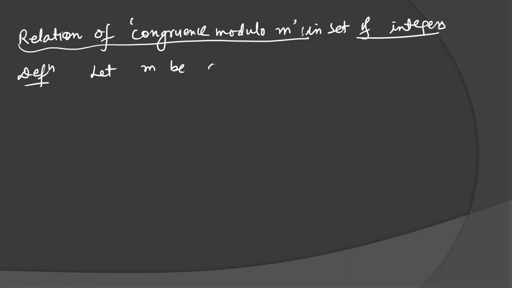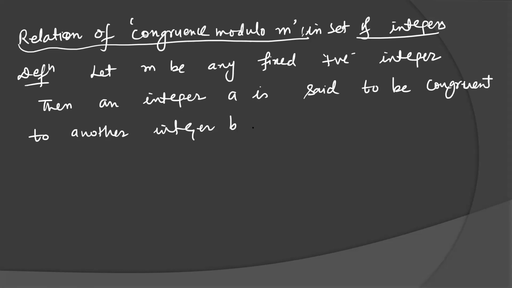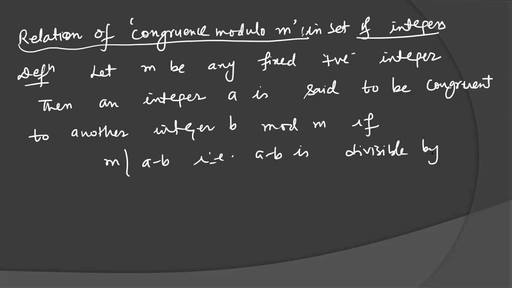Let m be any fixed positive integer, then an integer a is said to be congruent to another integer b modulo m if m divides a minus b, such that a minus b is divisible by m.